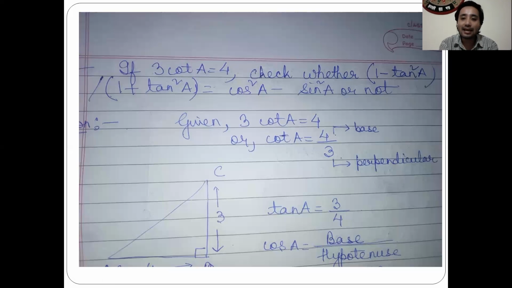Second point was that, if you remember, I said that tan was reciprocal of cot. Similarly, cot is reciprocal of tan, isn't it? So if cot A is 4 by 3, then tan A will be 3 by 4. Okay. Now, when I write cot A is equal to 4 by 3, that means the numerator is always for base and the denominator is for perpendicular.